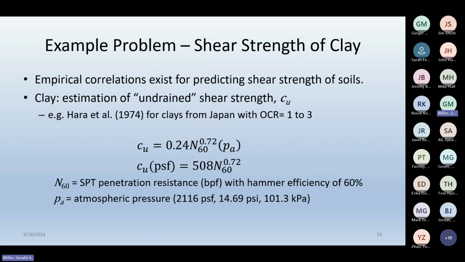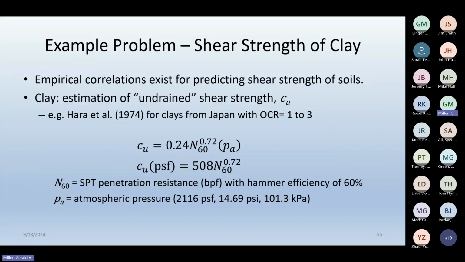I'm not sure what you guys would use to do this. There's a lot of different correlations in the literature. This first one is Hara et al. '74. It's actually based on Japanese clays with relatively low OCRs, so maybe not terribly applicable to our clays, which tend to be more overconsolidated.